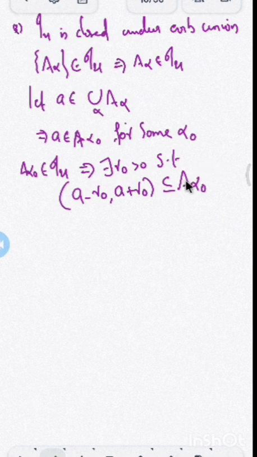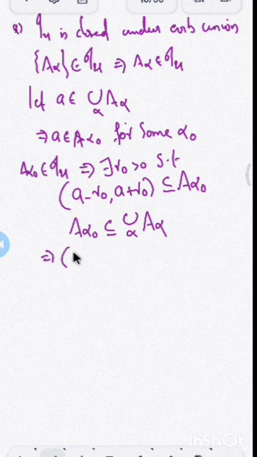Okay, and what is this A alpha naught? A alpha naught is a member from this collection. So where is this A alpha naught contained in? A alpha naught clearly will be contained in the union over alpha of A alpha, because A alpha naught is one member from this union. So this interval itself will be contained in this union.